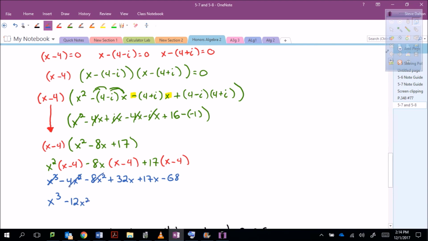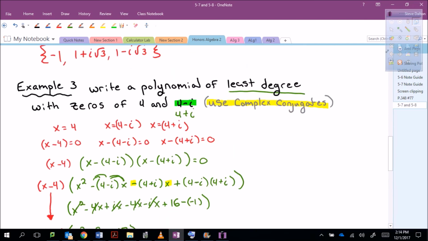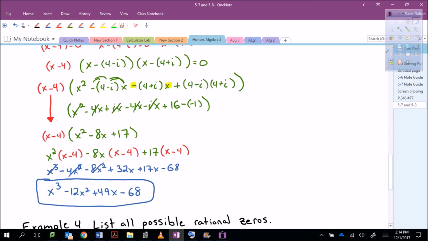Again, notice I'm crossing them out as I use them. Then we have 32x plus 17x, so that should give us a 49x minus 68. So here is my new cubic that has the original roots of 4 and 4 plus or minus i. That's all you really have to do.